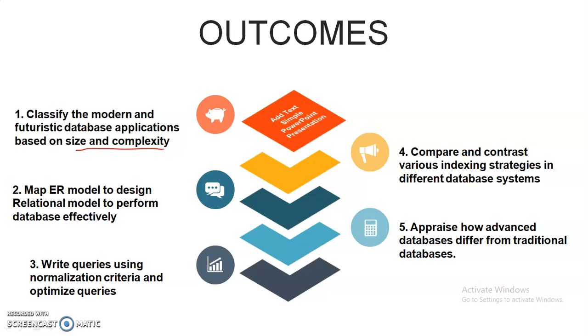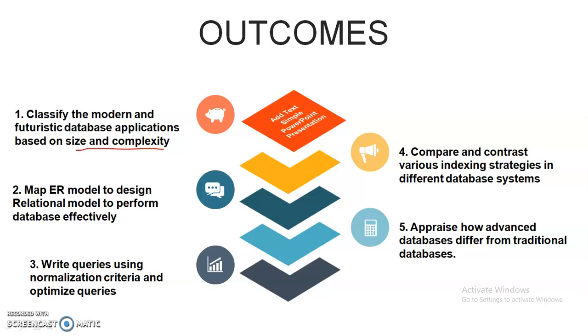And the fourth outcome is to compare and contrast various indexing strategies in different database systems. The final outcome is to appraise how advanced databases differ from traditional databases. There are advanced databases and also traditional databases, right?